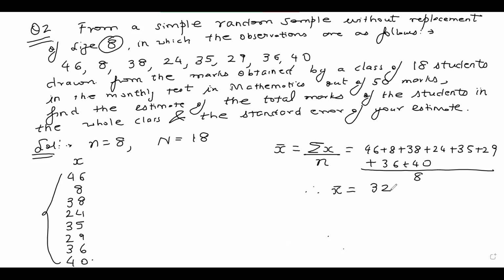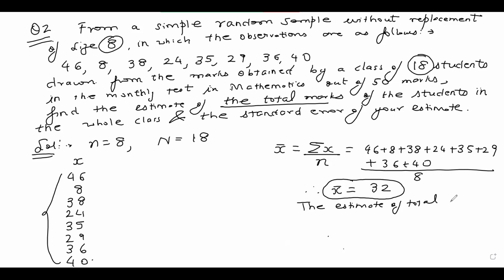Now, what is the estimate of the total marks? This is the mean from the sample. If I multiply it by the population size, I get the total marks. The estimate of the total marks of the students in the whole class is N x bar.